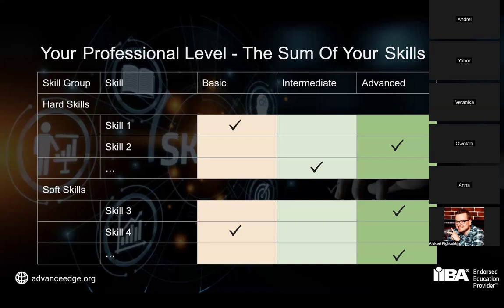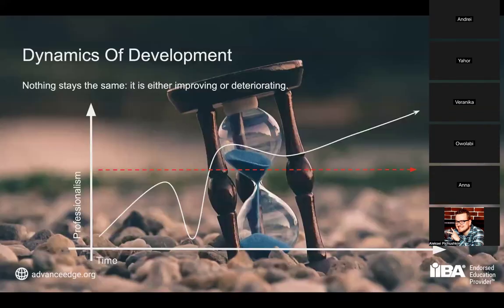So if you want to grow professionally, take a moment to self-reflect and think about those skills that are not yet on the advanced level, but that are truly needed in your current activities at work, and focus on their development. Because remember, the level of professionalism and growing professionally requires effort and your attention.